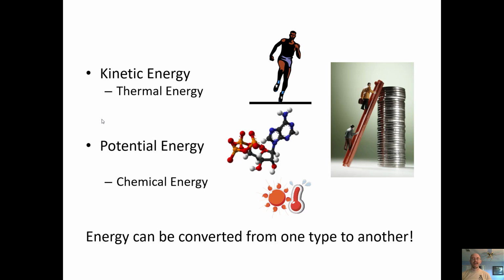Let's talk about kinds of energy. So energy is the ability to do work. Now, what kinds of energy are there? One kind of energy is known as kinetic energy, and this is the energy of motion. Right? And one kind of kinetic energy is thermal energy.